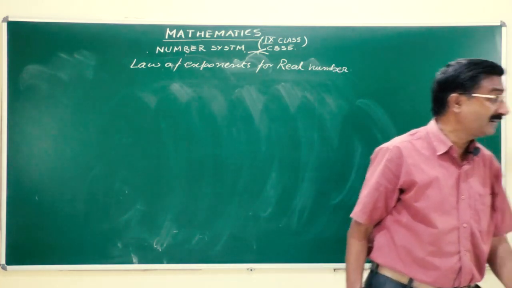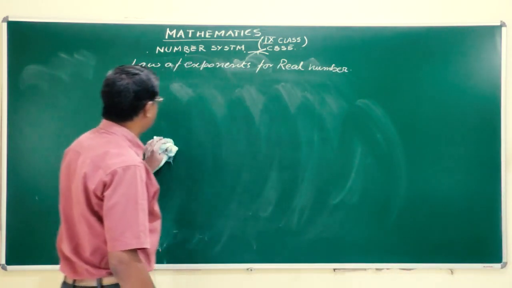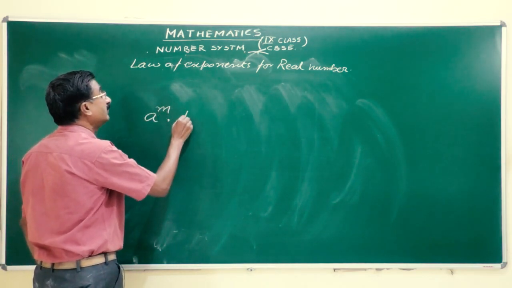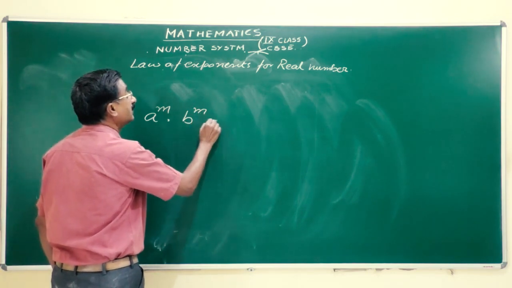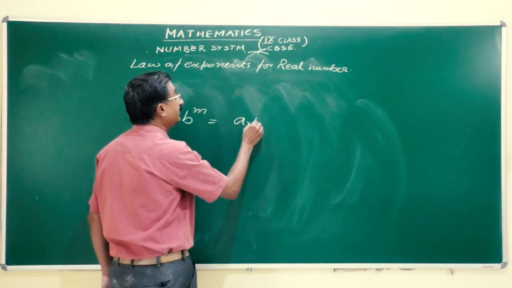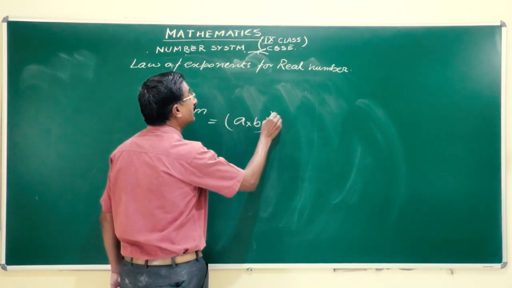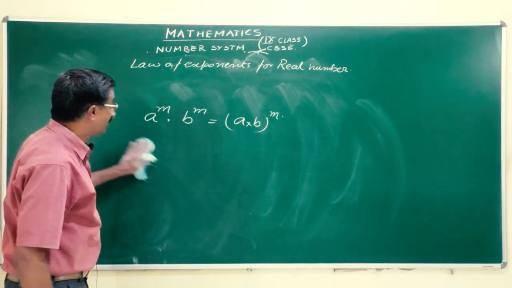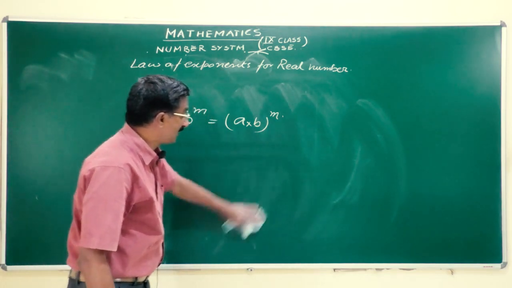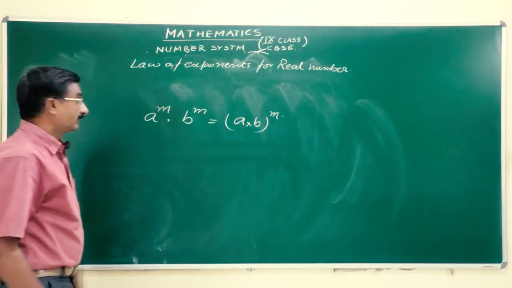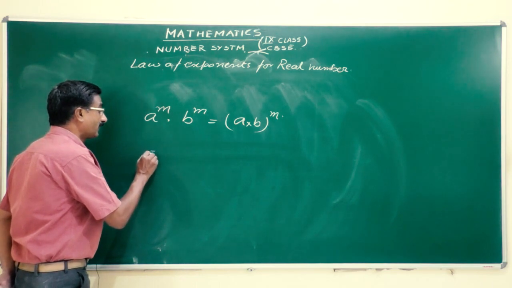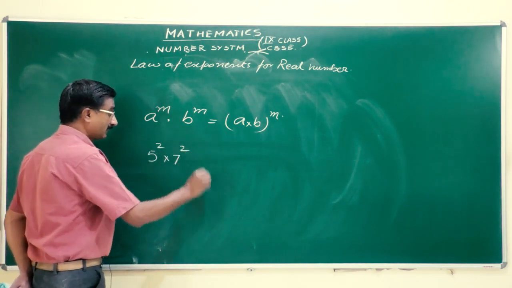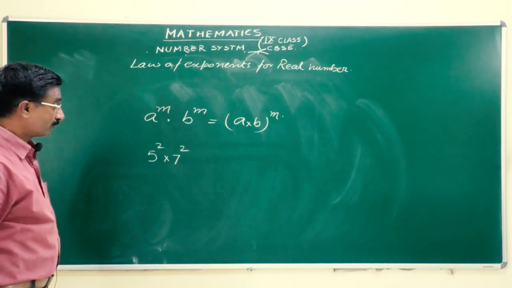Now the next one, when the base is not common: a raised to the power m into b raised to the power m is equal to a into b raised to the power m. Here the power is common, base is not common. For example, 5 raised to the power 2 into 7 raised to the power 2.